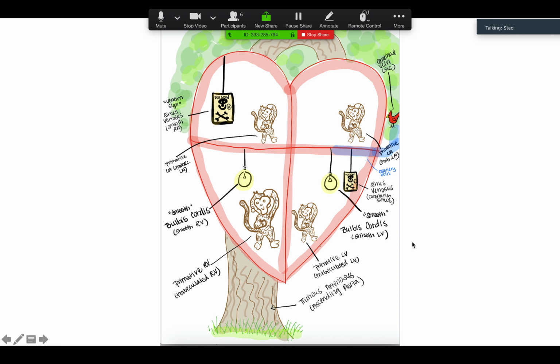So these monkeys represent primitive. And then our truncus arteriosus is the ascending aorta. And our sinus venosus is the coronary sinus, and then the bulbus, it's a bulb, light bulb, cordis is smooth.